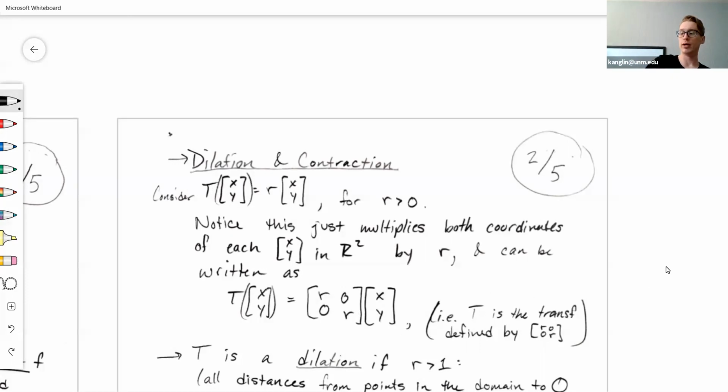One really easy way to see why it works, I'll write it up here, is you can always multiply by an identity of the appropriate size, and it doesn't affect anything. I just slipped an identity in here. It's like multiplying by 1. The 2 by 2 identity multiplied on xy does not change xy, so I can write that in there. But then I can take that scalar R and apply it to the identity.